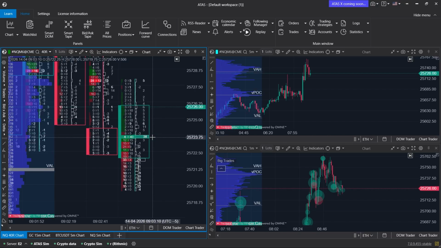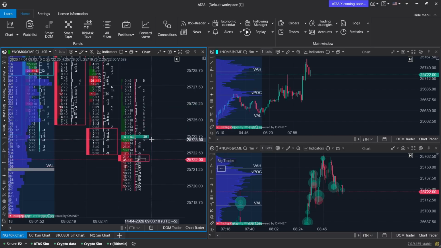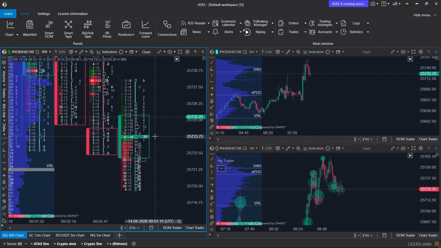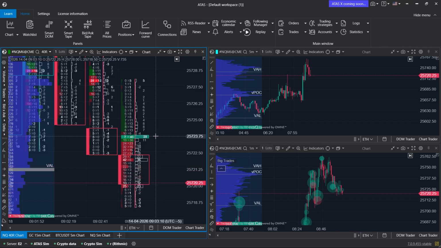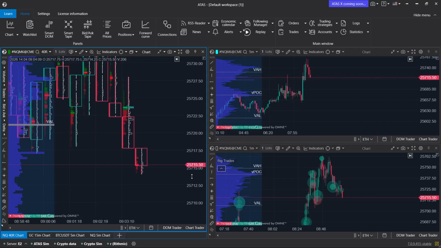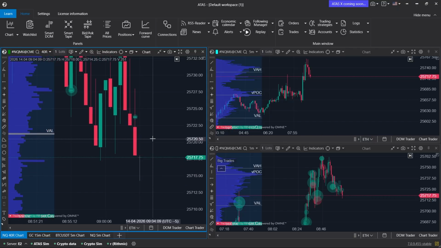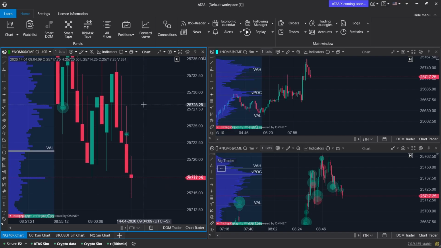So this means that the buyers are loading up at this level, right? But if it absorbs this, that would be great. And you can see over here there is a lot of negative delta, but this is the only bullish delta. My new SL is over here.